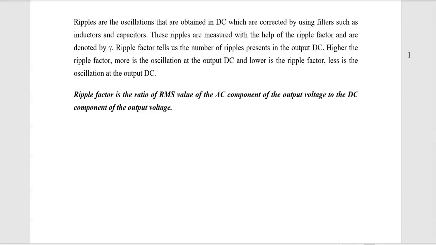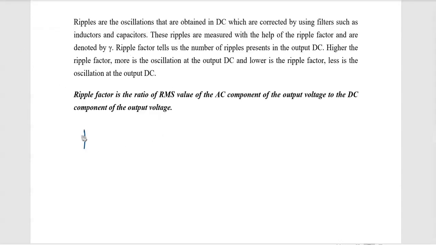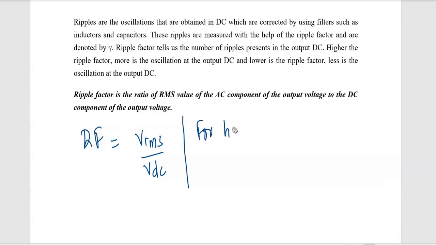We will see that the ripple factor is the ratio of the root mean square value of the AC component of the output voltage to the DC component of the output voltage. So the ripple factor RF is equal to VRMS out over VDC. Let's look at the half wave rectifier.